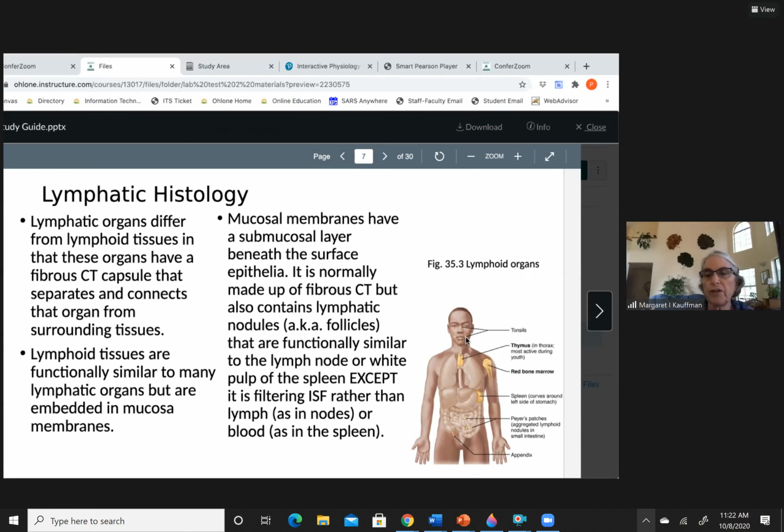So we don't have any histology slides that are very good for the tonsils. You probably already know you have tonsils in the back of your oral cavity. And these have crypts in them. We talked about crypts where you're cultivating microorganisms.